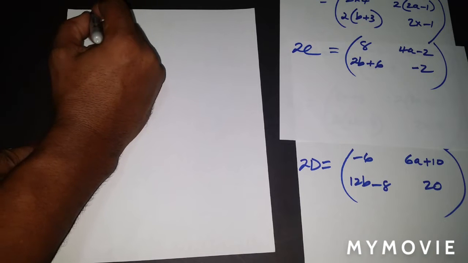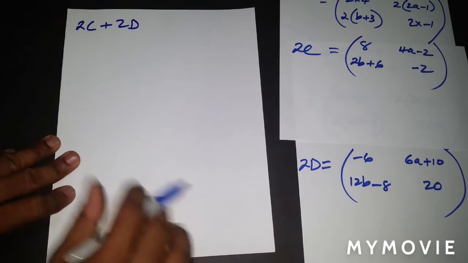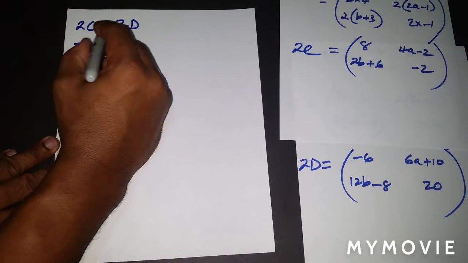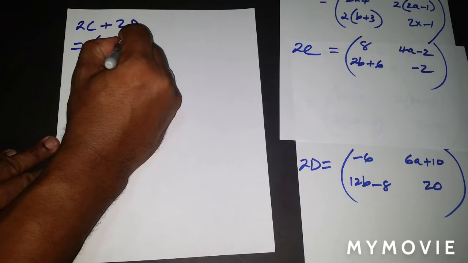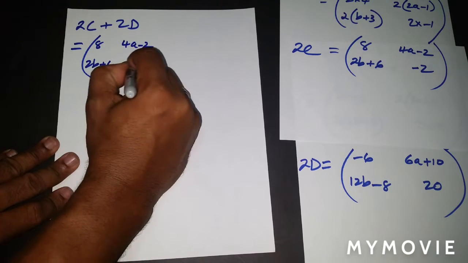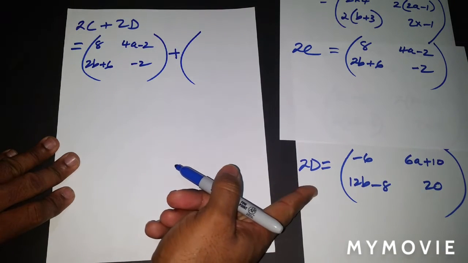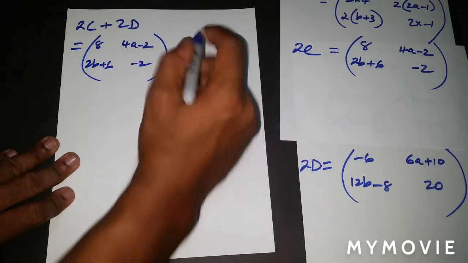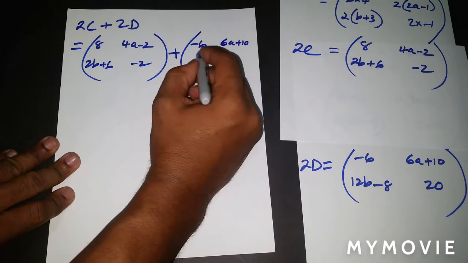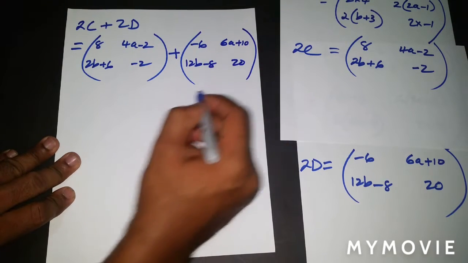2C added to 2D would mean that 2C over there is 8, 4a minus 2, 2b plus 6, minus 2, added to what 2D was, and this is minus 6, 6a plus 10, 12b minus 8, and 20.